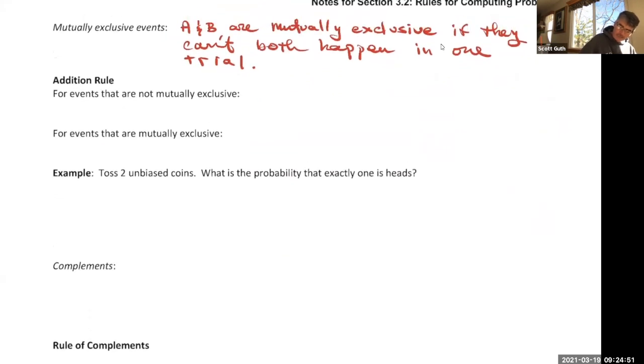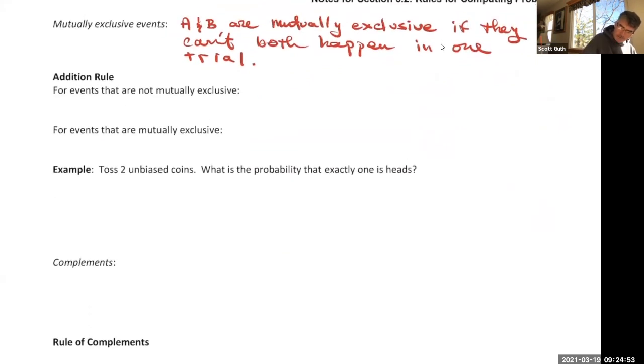So for events that are mutually exclusive, the probability of A or B with the addition rule is just the probability of A plus the probability of B. Just like that, super easy. And we saw that in 3.1 with an example we did.